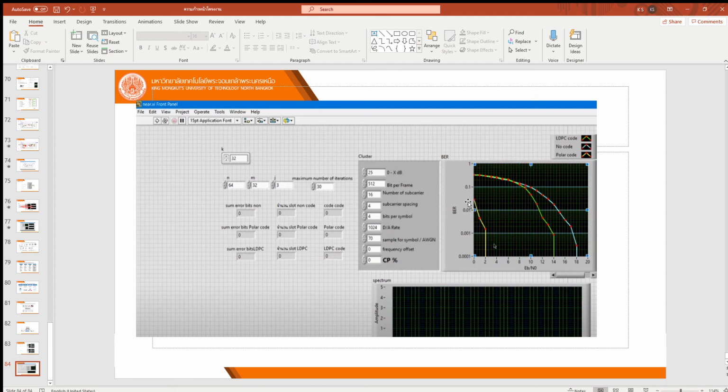For the BER, if the curve is on the left-hand side, that means you get better results, because you can have a very low signal-to-noise ratio and get the same result. But for LDPC code, we need a higher signal-to-noise ratio, and for no code, we need up to 14 dB signal-to-noise ratio.